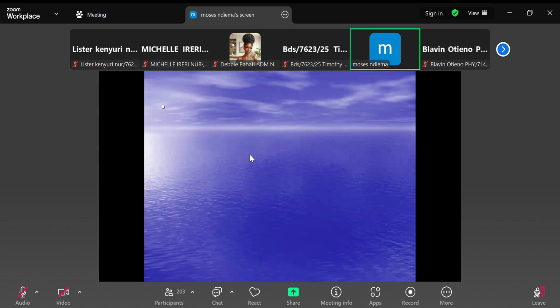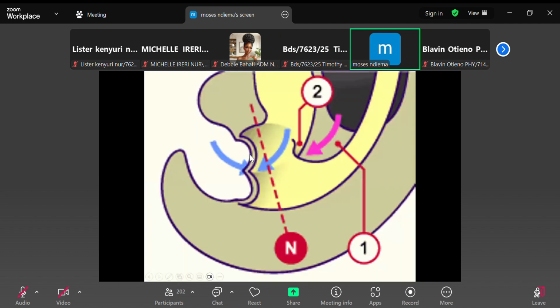I was talking about the hindgut as an area where you have a cloaca, which is an opening for the digestive system, the urinary system, and also the reproductive system. So in the development of the cloaca, we have the urorectal septum, which grows towards the cloacal membrane.